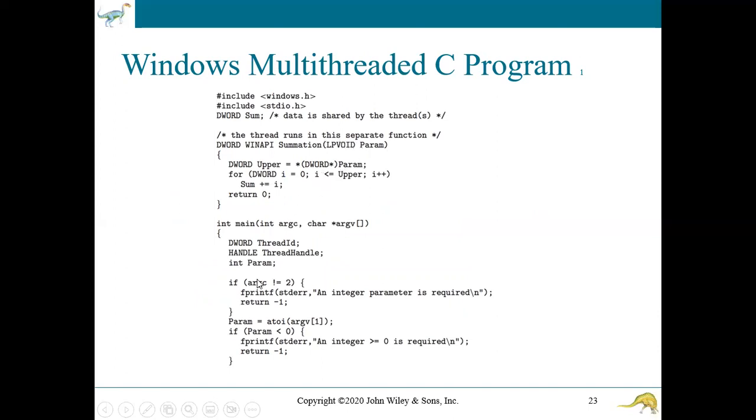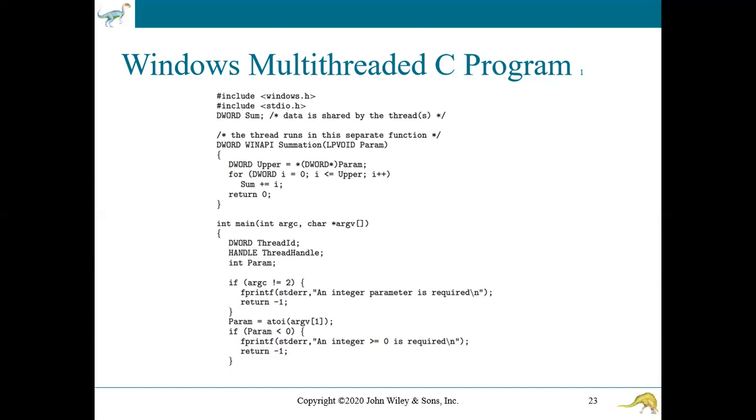So you see the main program is here. The function is here. The name of the function is summation. You understand me, right? Yeah, the name of the function is summation.